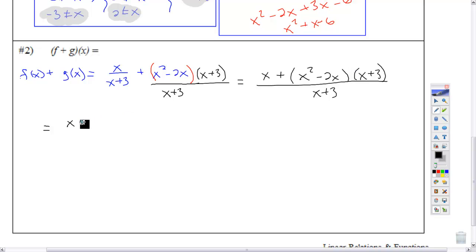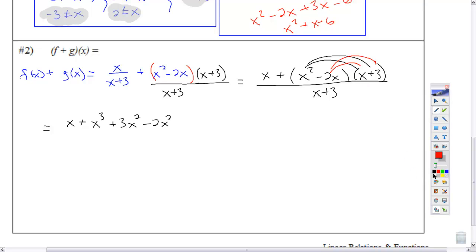x squared times x is x cubed. x squared times 3 is positive 3x squared. Minus 2x times x is minus 2x squared.